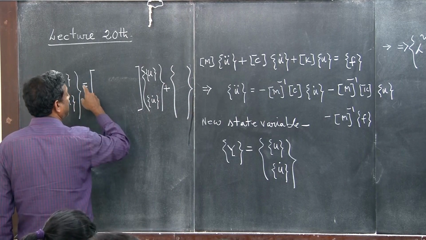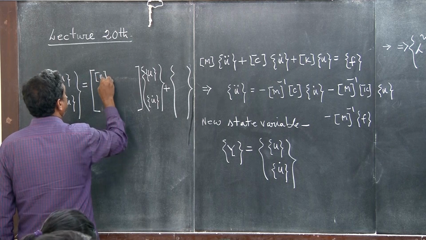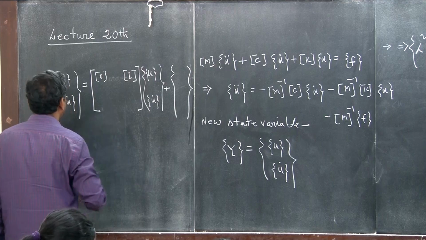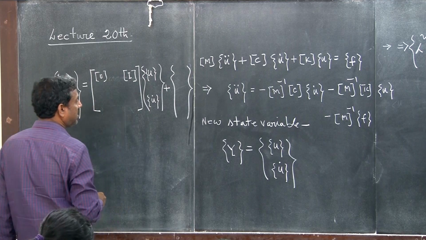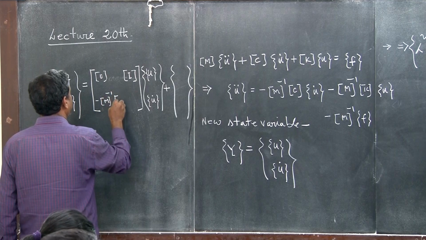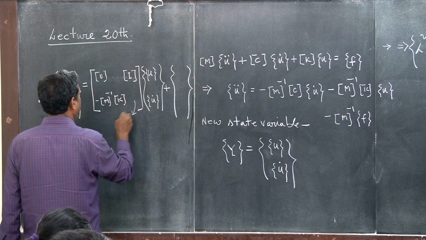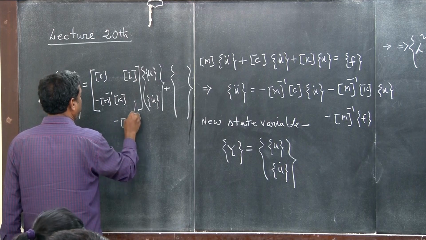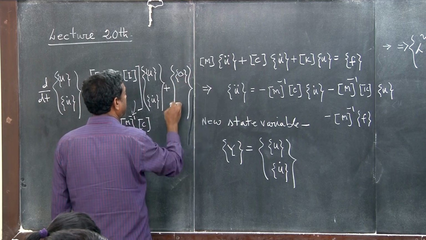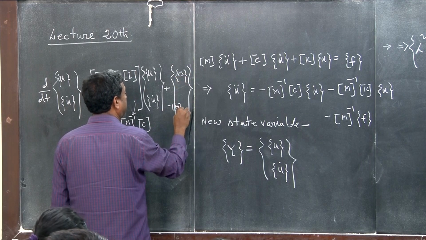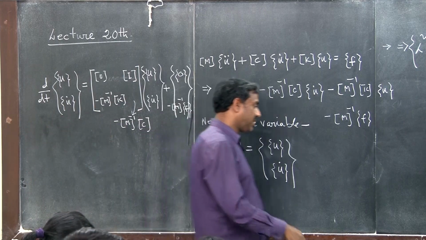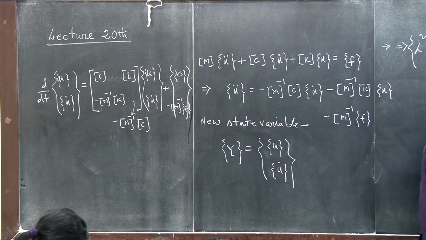So here you see that this is 0, this is I, this is minus M inverse K, and here it is minus M inverse C, and here it is 0, and minus M inverse F. Do you see that? Here is the way I have written it. Okay.